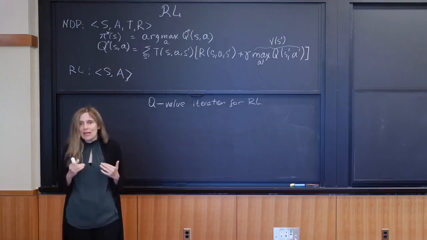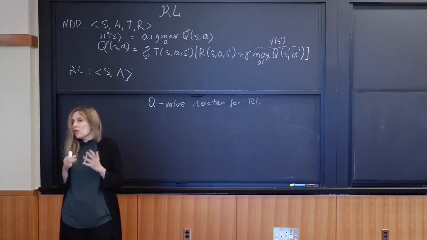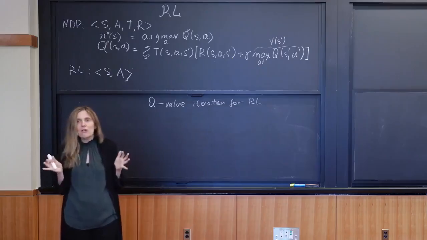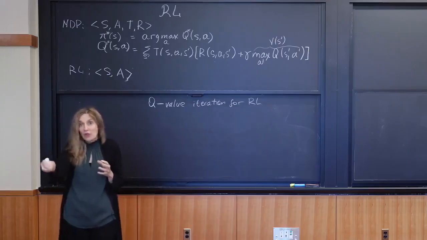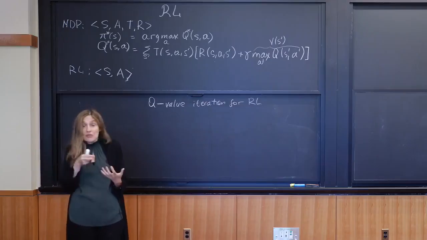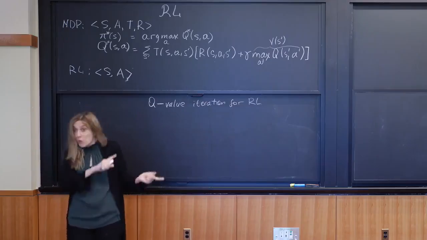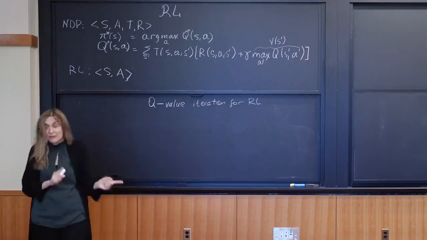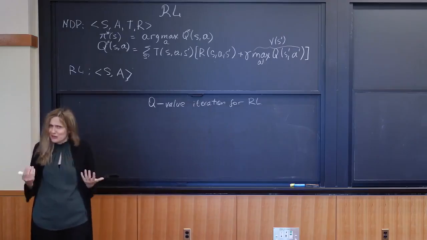So what I will do now, I will assume that I would tell you how to act, so you would know what to try, but now our goal is to say, if you try it and you get some evidence from the world, how is it going to change your Q? Once we finish the algorithm, then we will come back to the discussion of how to actually decide which actions to take.